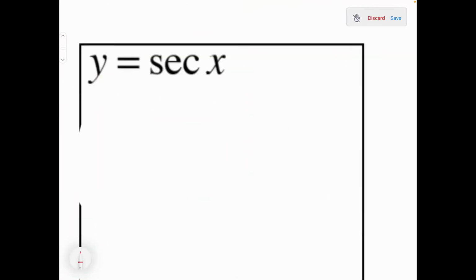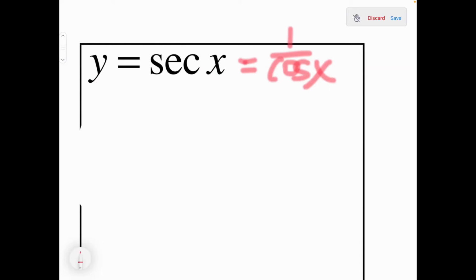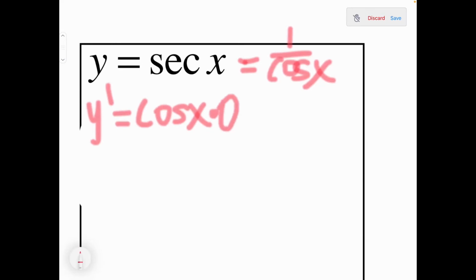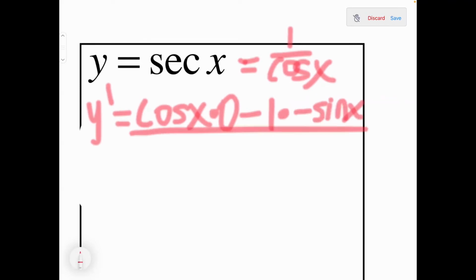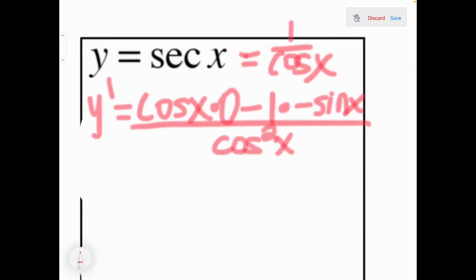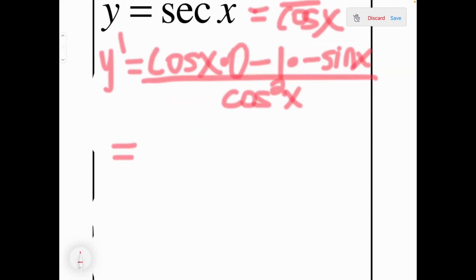Secant x is 1 over cosine x. And we're going to do this similar to what we just did. Y prime would be cosine x, the denominator, times the derivative of the numerator, which is 0, minus 1 times the derivative of cosine, which is negative sine x, all over cosine squared x. We take this and we cross out the cosine x times 0 because that goes to 0.